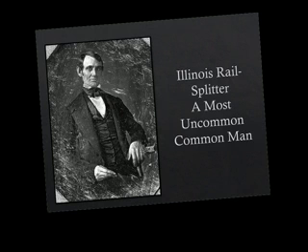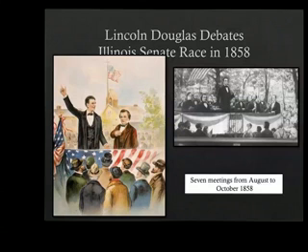Abraham Lincoln, the defeated congressman from Illinois, decides to renew his political career and tries to become a senator from Illinois. And the race is in 1858, 2 years before the presidential race. So the rail splitter from Illinois is going to challenge Stephen Douglas for the United States Senate.